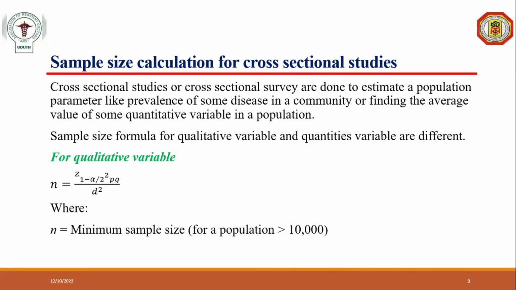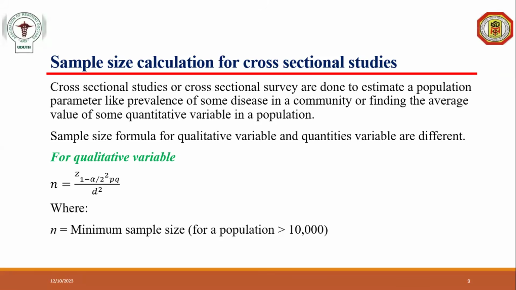If your study population is greater than 10,000, this is the only formula you are going to use in selecting the sample size. So usually, the hospital populations are usually less than 10,000.